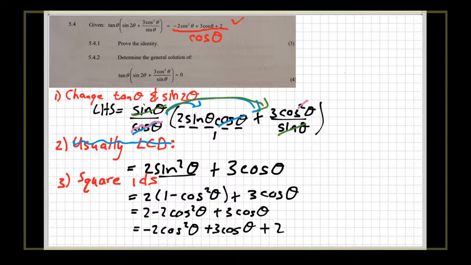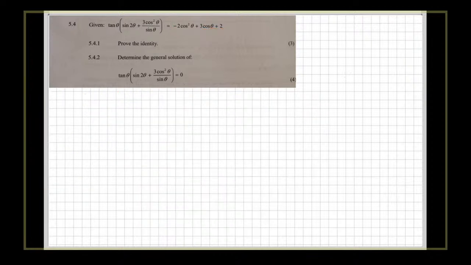So if I look at question 5.4.2, now they tell me solve that equal to 0. I've got to constantly ask myself, how does this relate back to my specific given identity or my proven identity?